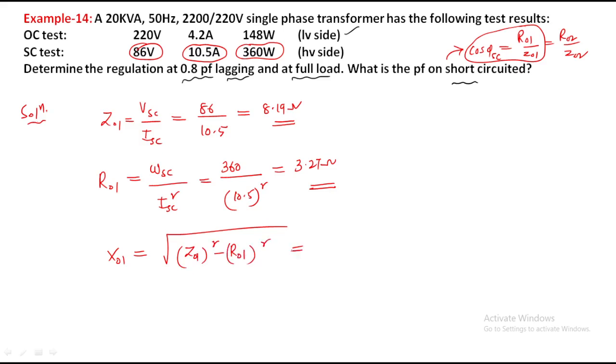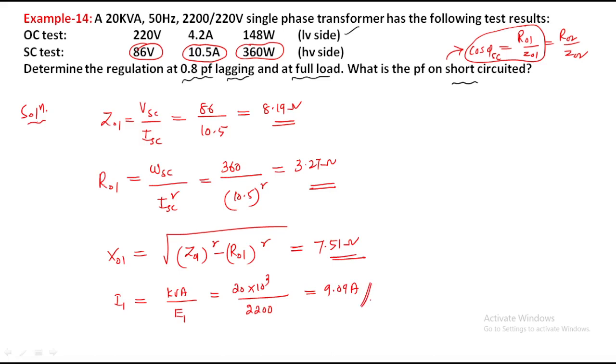Very simple problem, just go through the concept. From this you will get X01 as 7.51 ohms. Then to calculate regulation, first we need I1, which equals kVA rating by E1, which is 20 into 10 cube by 2200. The answer is 9.09 amperes.